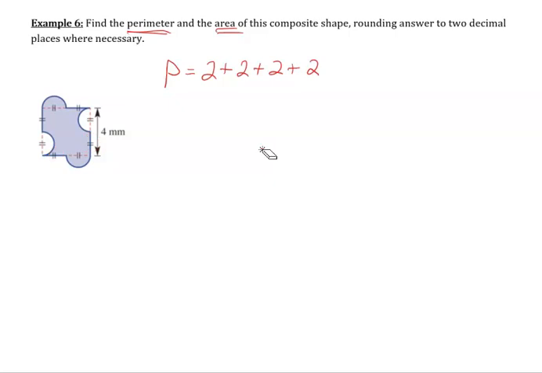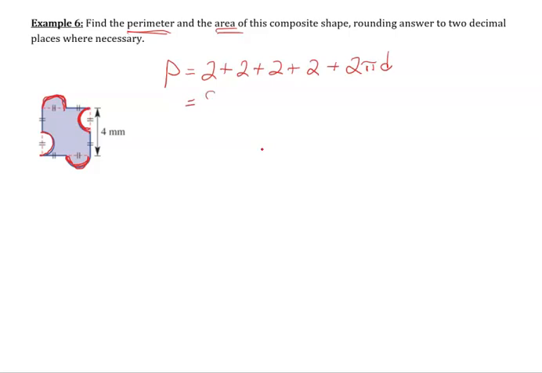Now, how are we going to figure out what these are? Well, these are actually semicircles. So we have 1 semi, 2 semis, that makes 1 whole circle. 3 semis, 4 semis, or 4 halves makes 2 whole circles. So it's not area of a circle, it's pi times the diameter. 2 times pi times the diameter, which is 2.